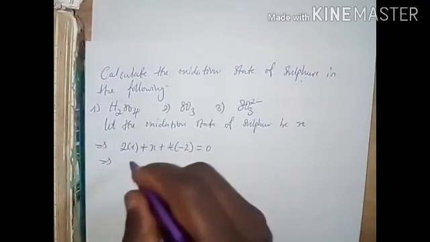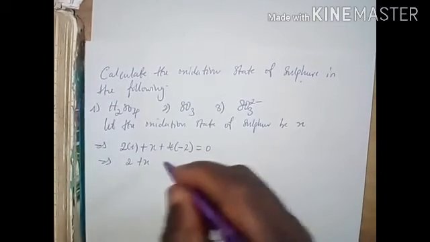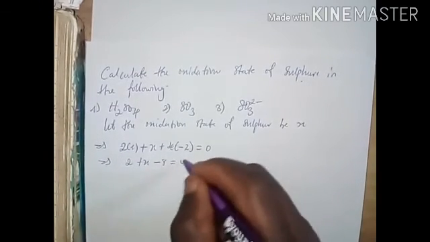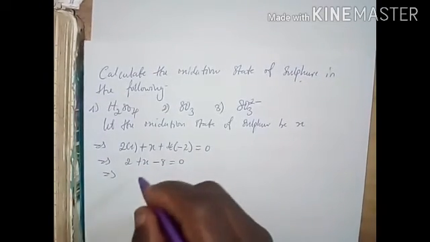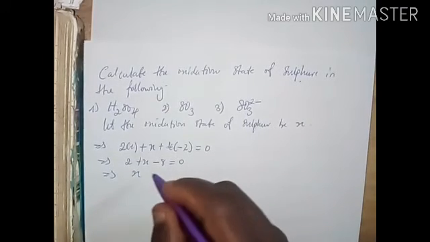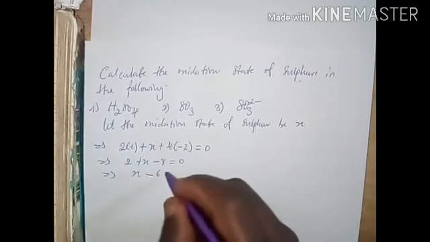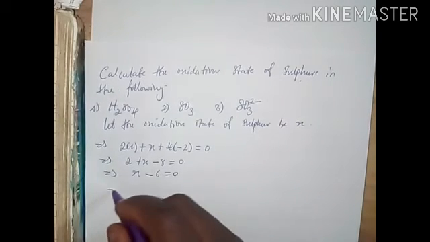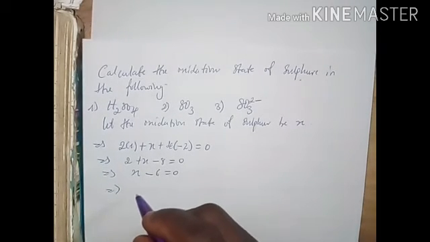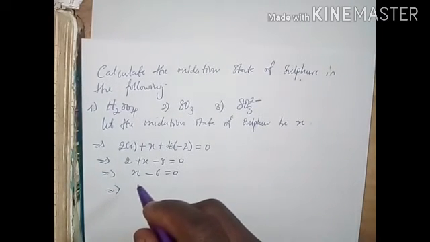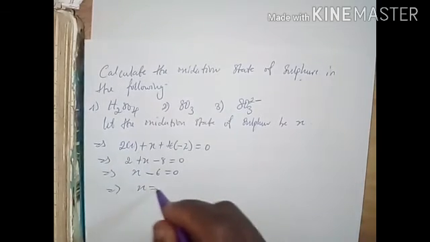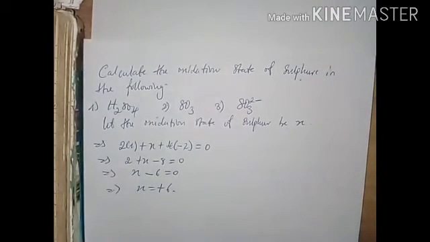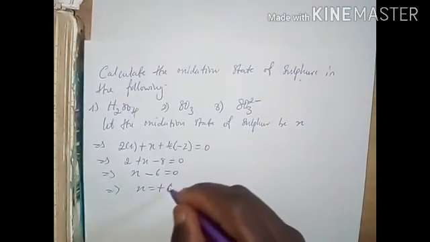This will imply that 2 plus X minus 8 should be equal to 0. And from here we imply that X, you see here, -6 should be equal to 0. And from here we imply that X should be equal to plus 6. So this is the oxidation state of sulfur in this compound.